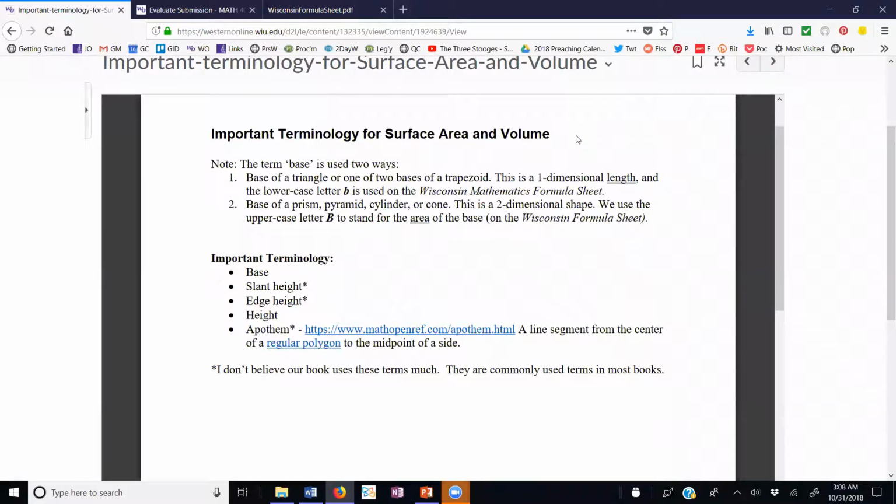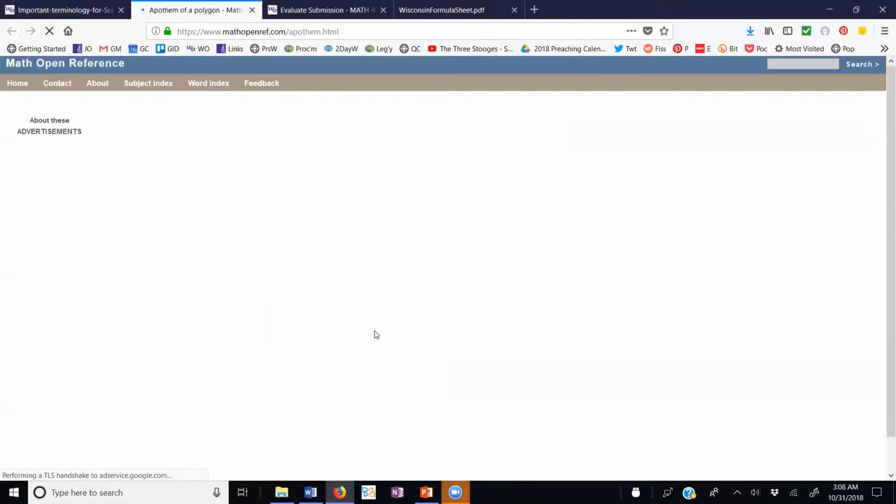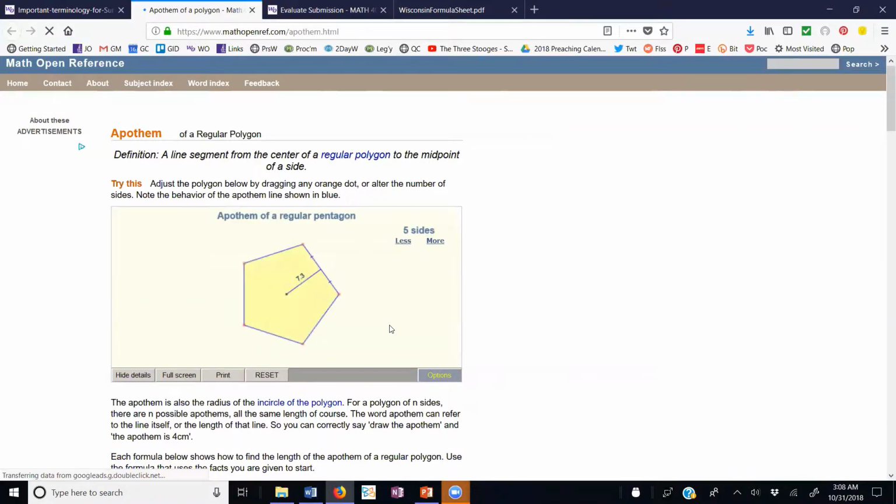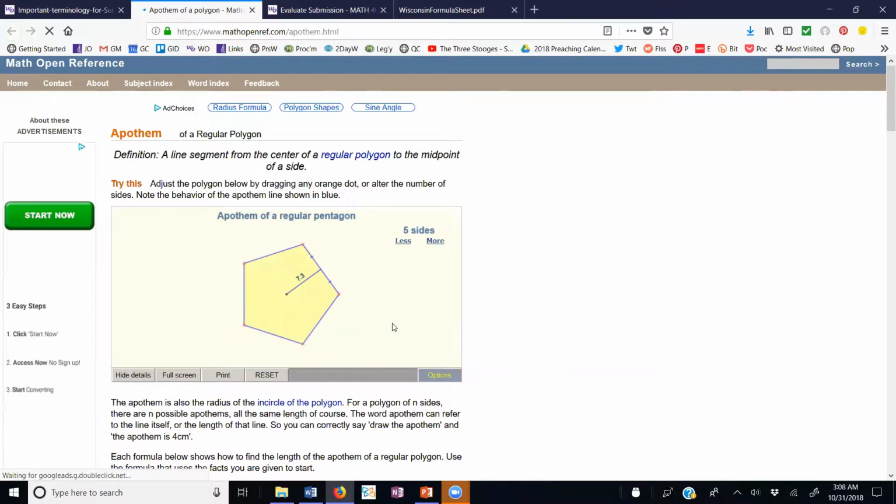If we look at our handout on important terminology for surface area and volume, I have a link here for apothem. And this is kind of a nice little applet that gives you a chance to manipulate a little bit. And the definition is here: a line segment from the center of a regular polygon to the midpoint of a side.